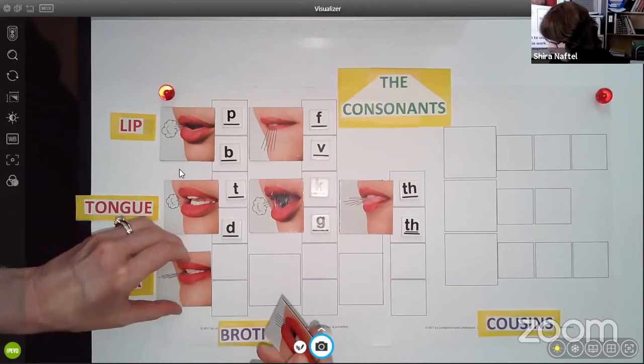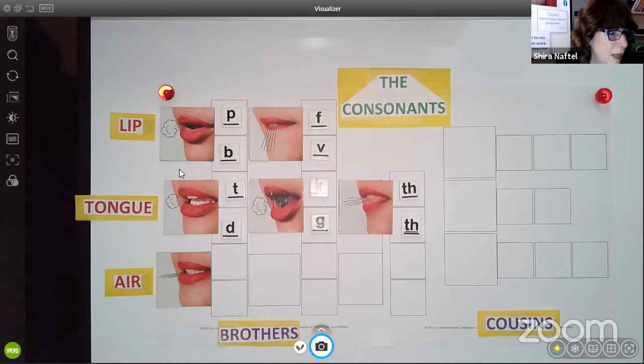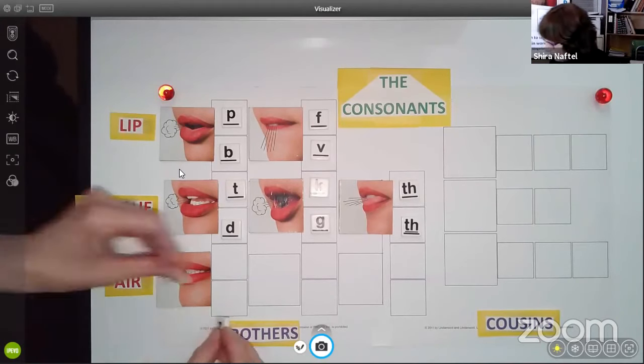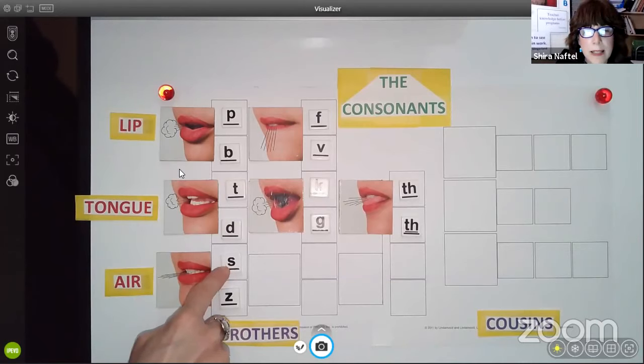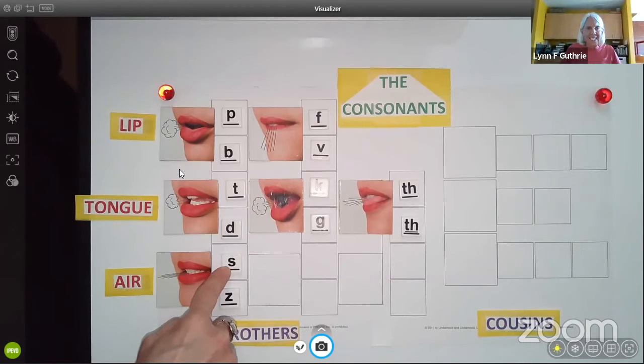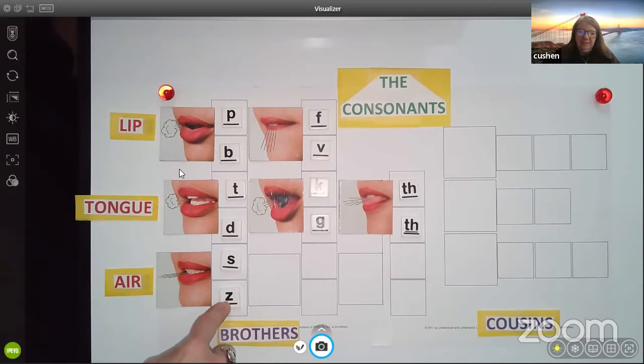Okay, and so we've got our skinny air, and somebody tell me if I have put my sounds down correctly. How do you think about that? Okay, can everybody make the quiet skinny air sound for me? I'm listening. And can everybody make the noisy skinny air for me? Yeah, that is really noisy.